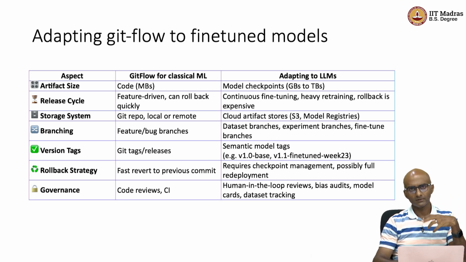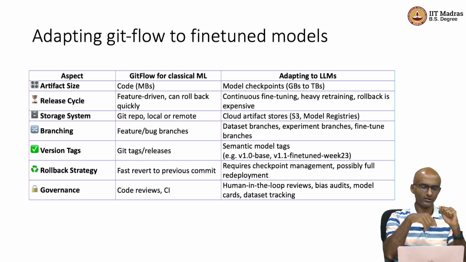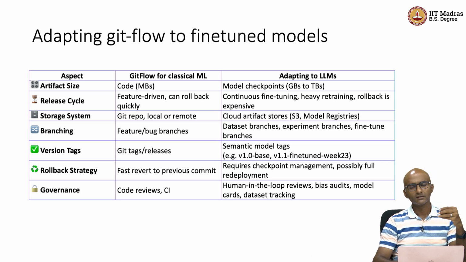Branching. The GitFlow recommendation is, bugs have a separate branch. You finish the branch development, the testing, regressions, and everything, and then you merge it back. Likewise for features. Here, there are extra branches which are possible based on dataset updates, based on new experiments that you want to do, like for instance, distillation or quantization experiments. LoRA, as an example, is one such algorithm that you can use.